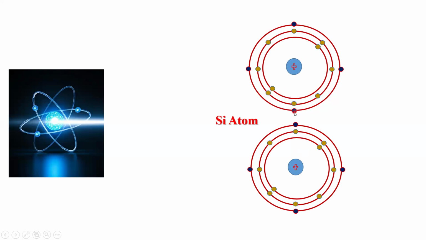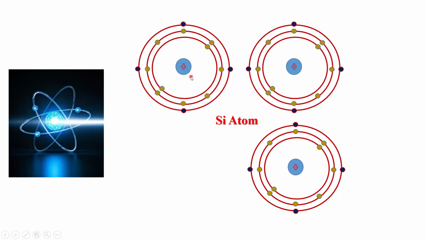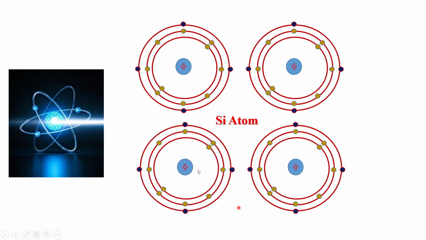At the outermost shell of this atom, we have one electron. At the outermost shell of this atom, we have another electron, and they are close to each other. So we will see how they share. Each atom is sharing one of its electrons with the other atom's electron. Another atom right over here, another atom right over here.